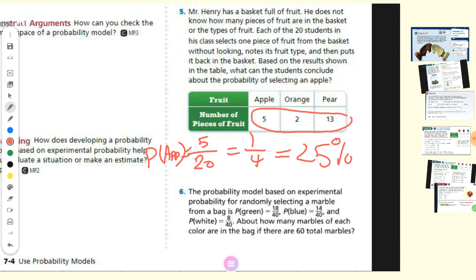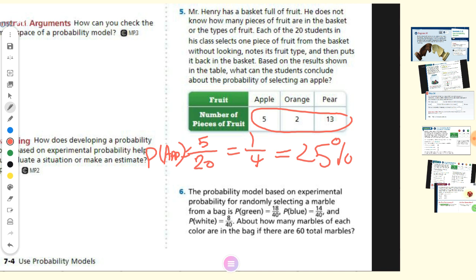The probability model based on the experimental probability for randomly selecting a marble from a bag is P of green is 18 over 40. So the whole number of marbles is 40. 18 of them are green, 14 of them are blue, 8 of them are white.